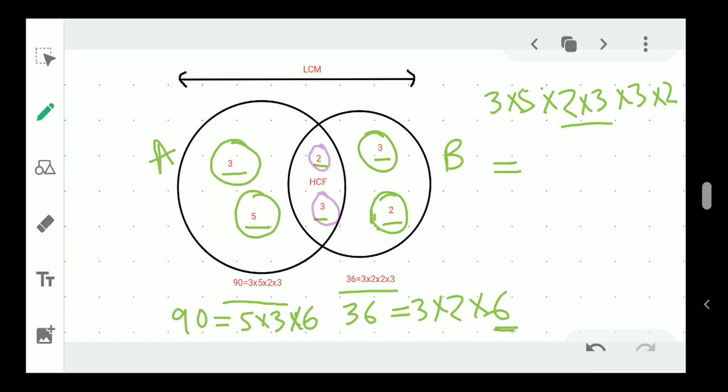If you multiply all this, then we will get the LCM of 36 and 90. So this is generally a pictorial view, how you can visualize HCF and LCM. The common part is HCF and the whole part is your LCM.